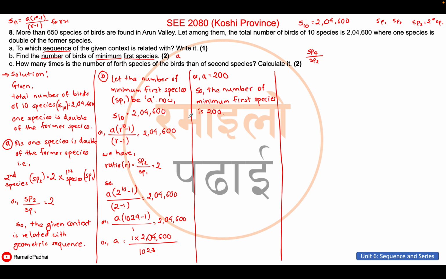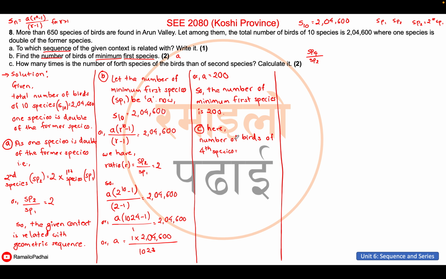We have: how many times is the number of fourth species of the bird than that of second species? So we will first find the fourth species, then find the second species. Here the number of birds of fourth species is equal to, what is the formula?